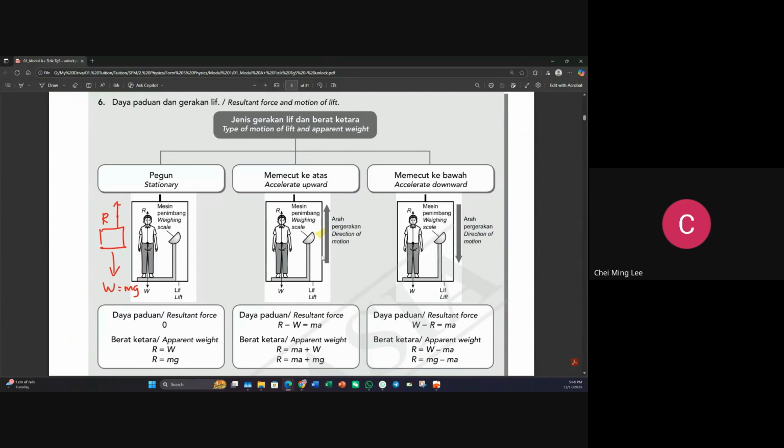You go up to the top and then drop down. That one also showed this, because when they free fall down, those with hypertension might get a stroke because the blood all goes up due to inertia. So the blood pressure will go very high. That's why.